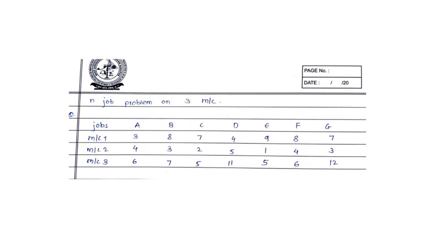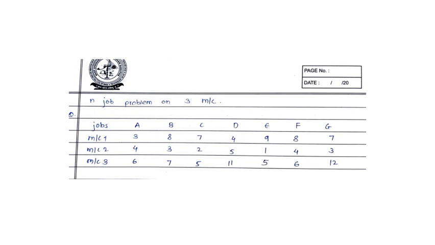Now we will see how we can actually solve the n job problem on three machines. We have the jobs A, B, C, D up to G, and we have three machines, and the time required for each job on each machine is given in minutes. For solving the three machine problem for n jobs, we have to focus on two constraints.